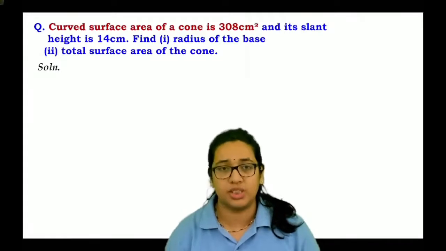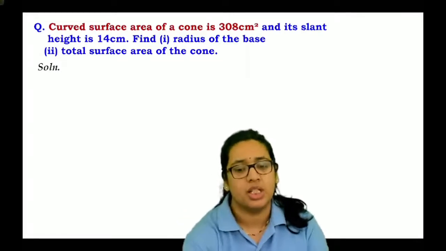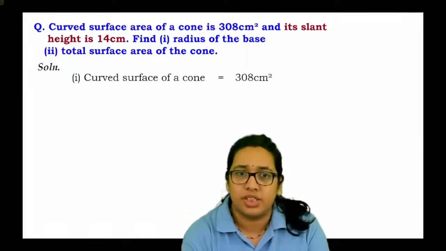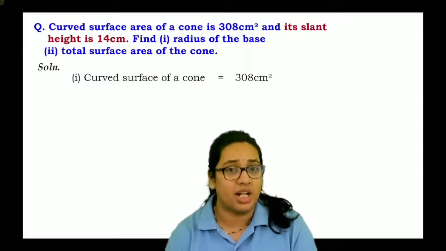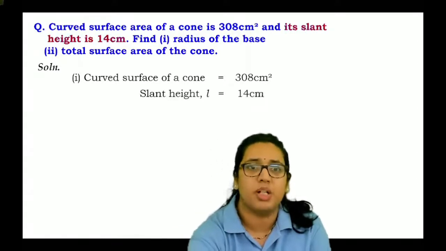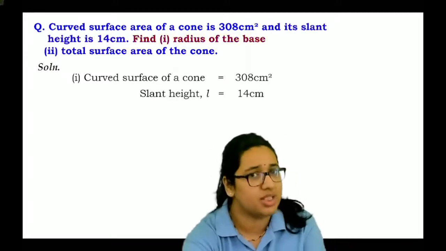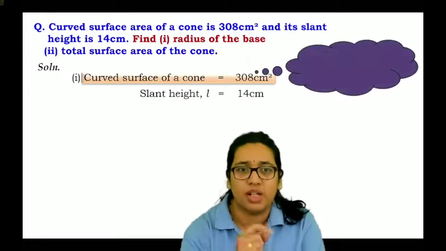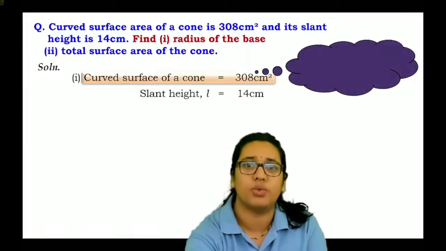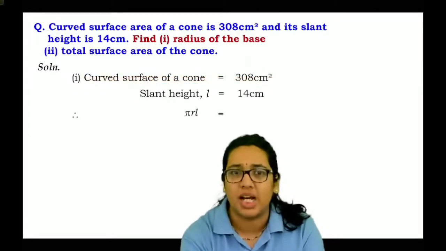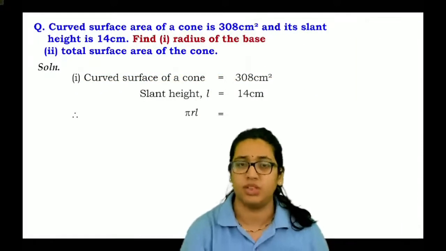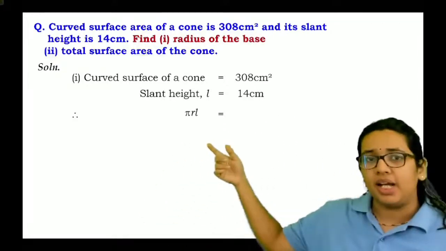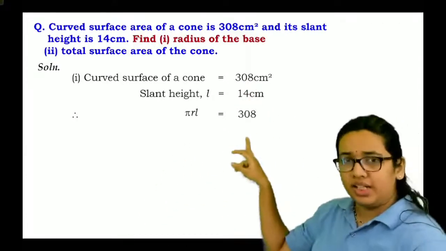So using the given information, you have the curved surface area, which is 308 square centimeter, and the slant height L is given as 14 centimeter. But we know that the curved surface area of a cone is given as pi r L, right?